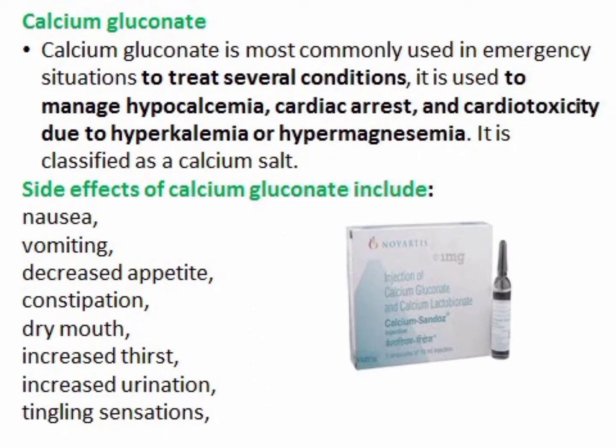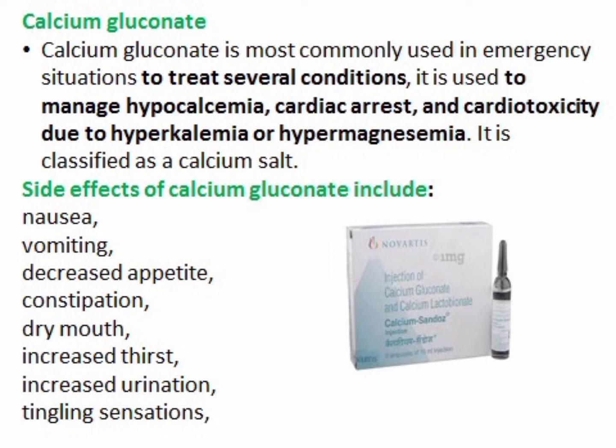Next is calcium gluconate. Calcium gluconate is most commonly used in emergency situations to treat several conditions. It is used to manage hypocalcemia, cardiac arrest and cardiotoxicity due to hyperkalemia or hypermagnesemia.